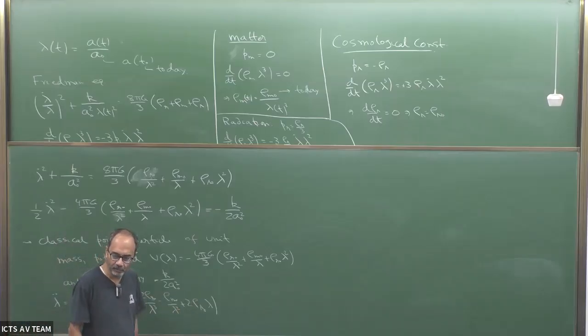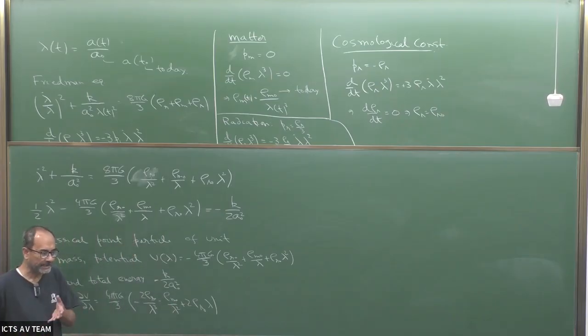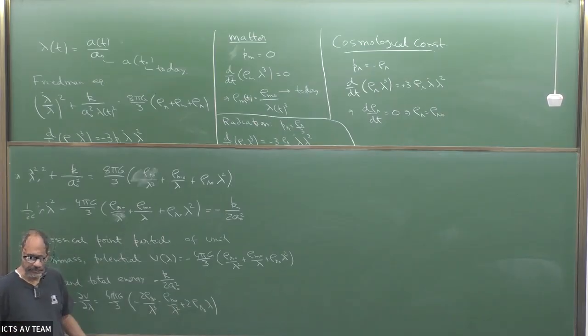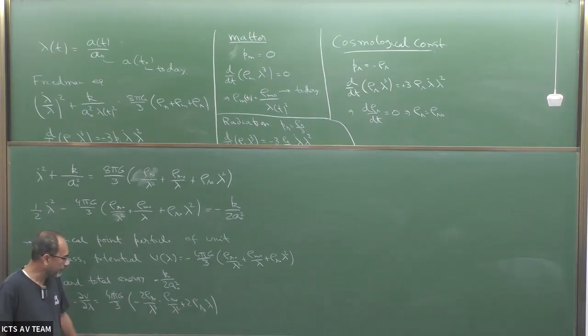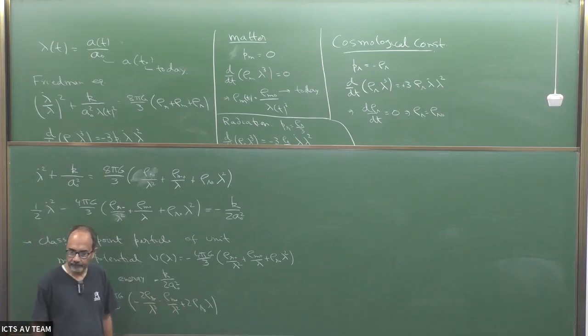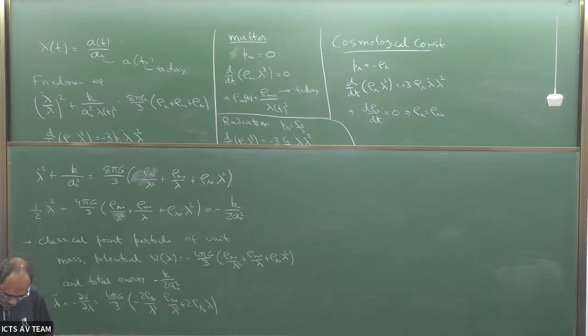I'll leave it to you to check this. So that basically showed that if you want to explain acceleration, you need negative pressure. Okay, and a natural source of negative pressure is the cosmological constant. Okay, is this clear?